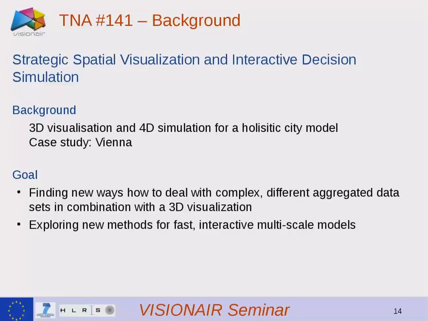For example, they look at accessibility in the city: how you can reach different buildings, how you can reach the train station, and how you can improve mobility for the citizens to reach specific points in the city.